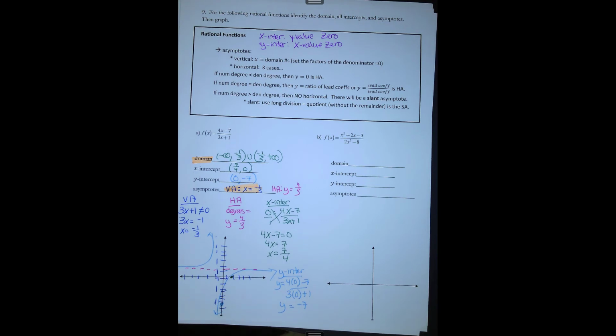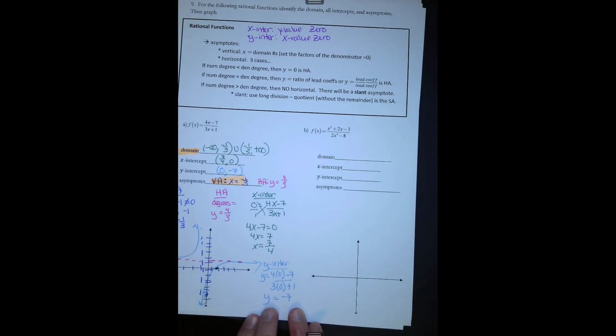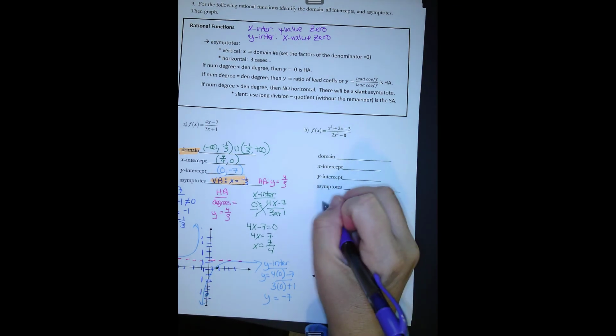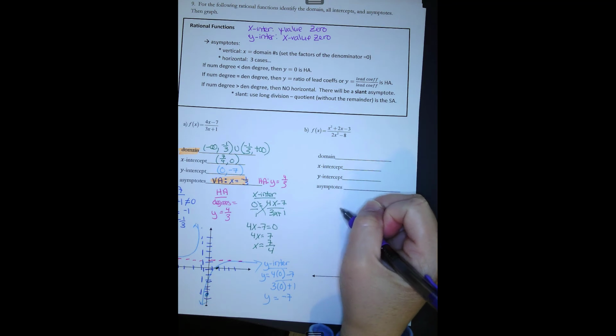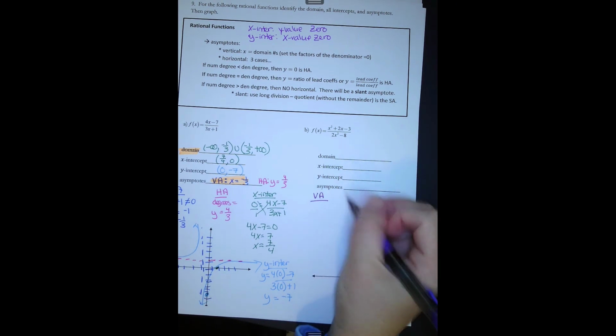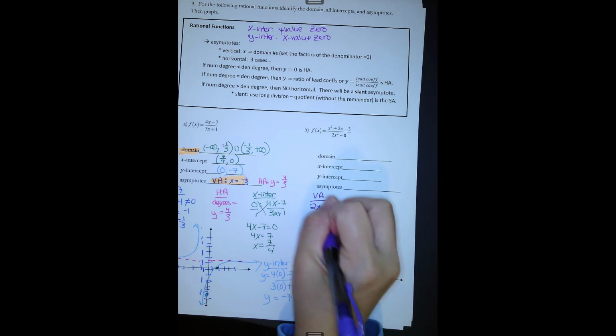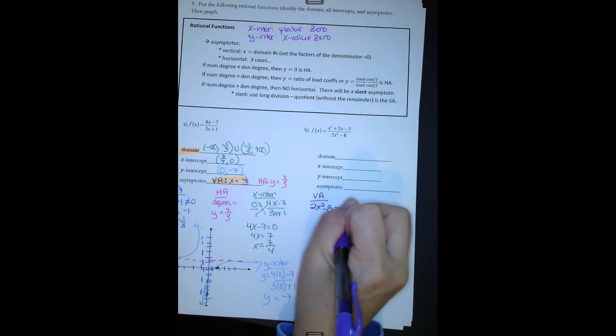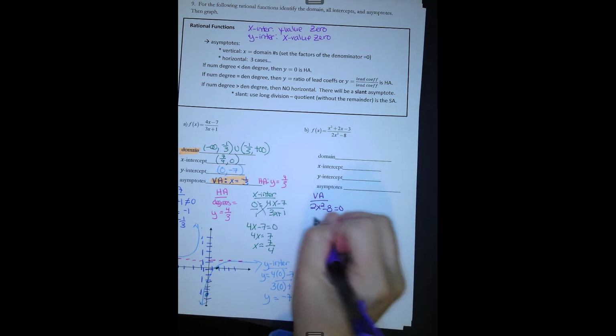And finally, our last one, done pretty much the same way. We're going to go ahead and find our vertical asymptotes and then our horizontal. So looking at that, we have x squared plus 2x minus 3 over 2x squared minus 8. So if we're going to find that vertical asymptote, we have 2x squared minus 8 equals 0.